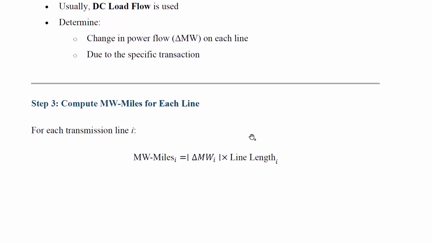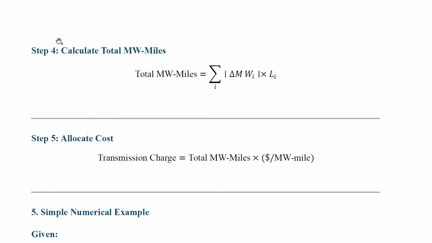Then the fourth step, calculate the total megawatt miles: the summation over i of the change in megawatt of i times L of i, for all lines, i equal to 1, 2, up to 5 or 6, like that.